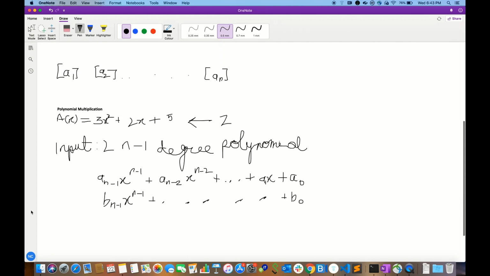The desired output would be the product polynomial.